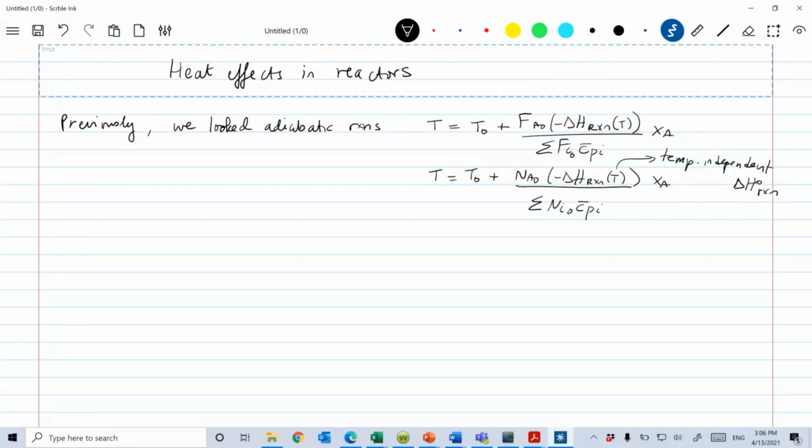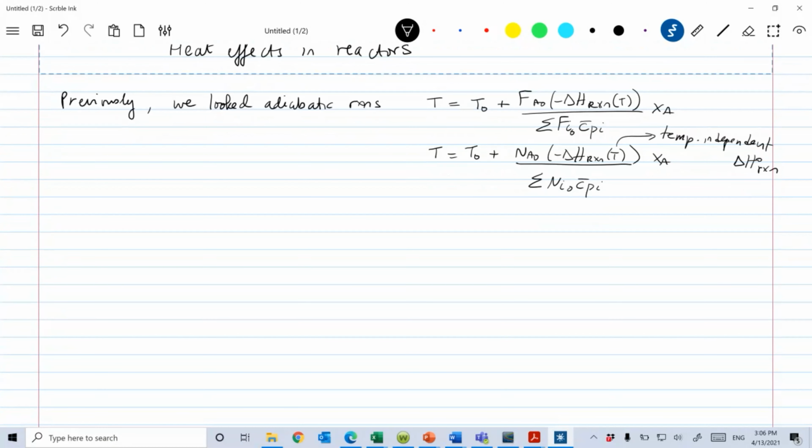We talked about how you can solve problems using these when you have energy balances. If you have a mole balance for a PFR, let's say in terms of XA, it's something like this.